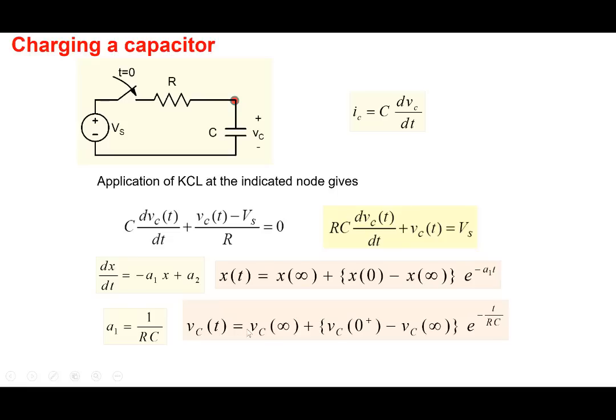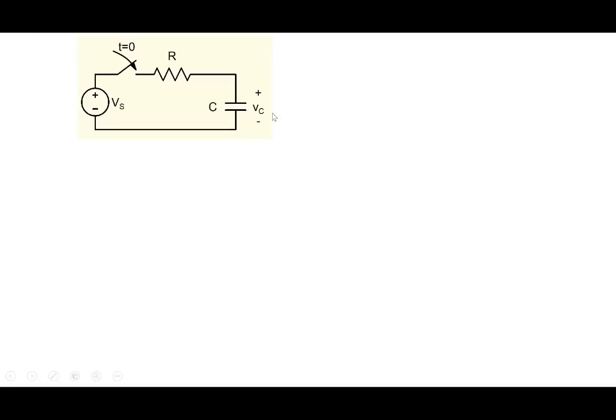And therefore VC(t) we can write as VC infinity plus VC0 plus minus VC infinity e to the power minus t by RC. So this is a general form of how the capacitor voltage is going to change. We have found out what is this A1, which is the time constant R into capacitance of the circuit. Now, of course, we need to find out what is VC infinity, what is VC0 plus. So these things we still have to find out.